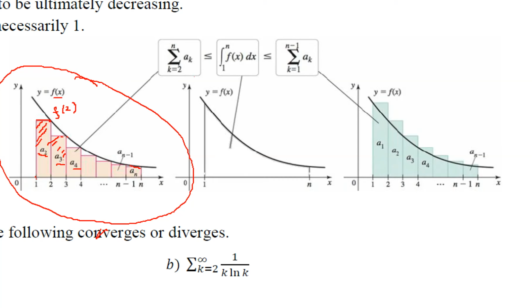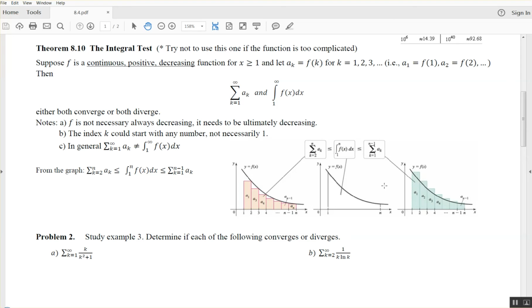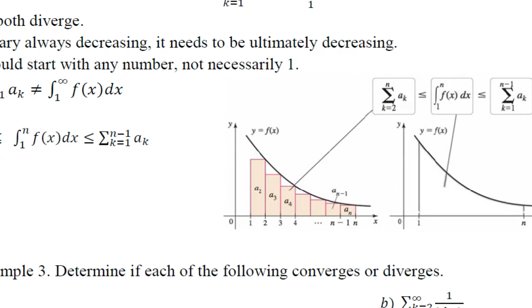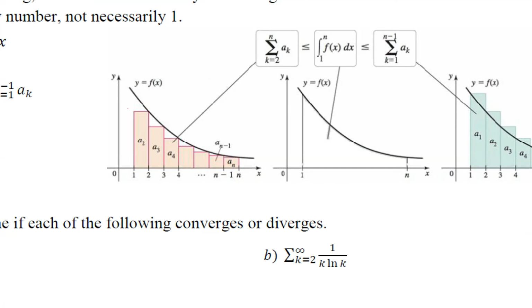We can see that this sum is less than or equal to this integral. This is obvious because there are so many extra little areas not covered by those rectangles. So the area under f is certainly greater than the area of those rectangles.